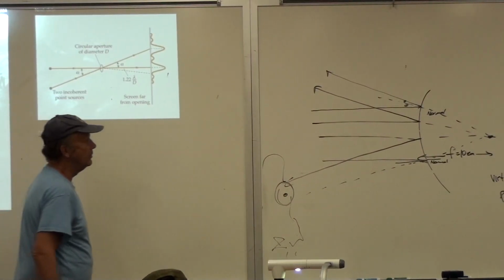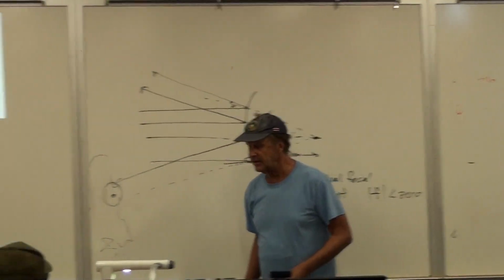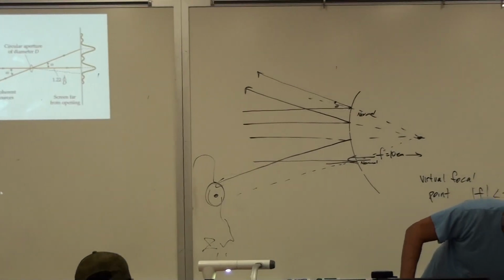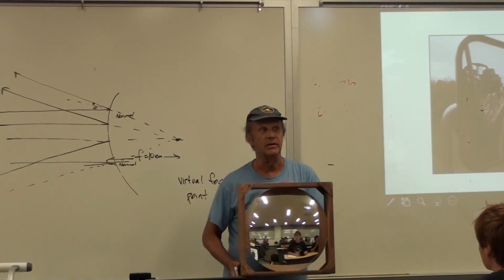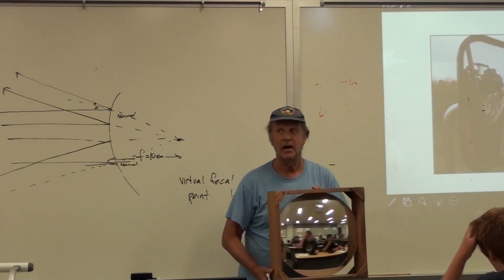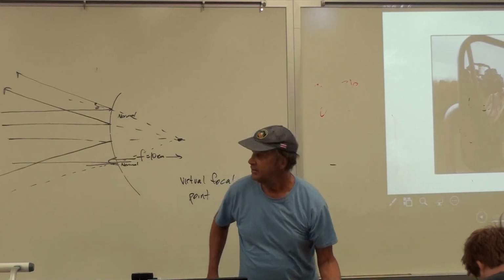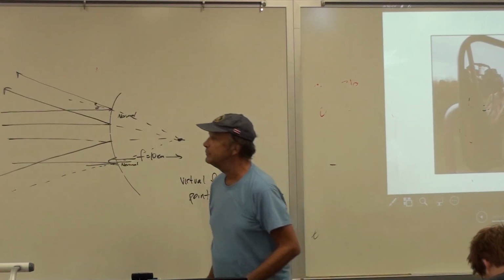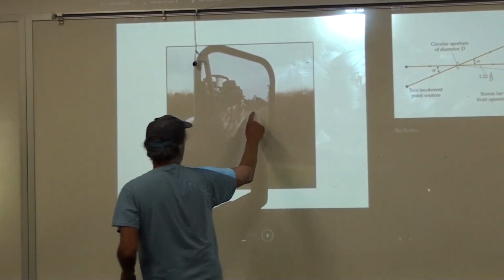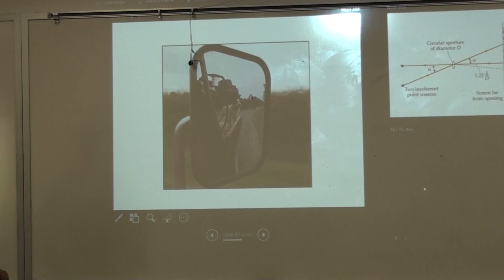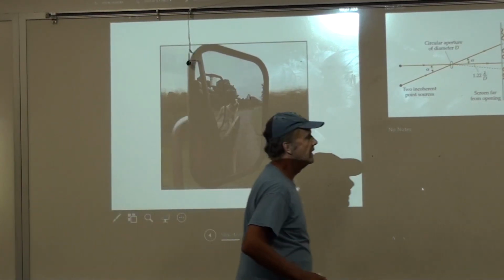Okay, and so why would we want a mirror like this? Well, what you can see when we are looking through this kind of a mirror is that you have a wider field of vision, but it's at the expense of the accuracy of your depth perception. So sometimes on these mirrors it'll say, caution, vehicle may not be at the correct distance away, may appear closer than it actually is.